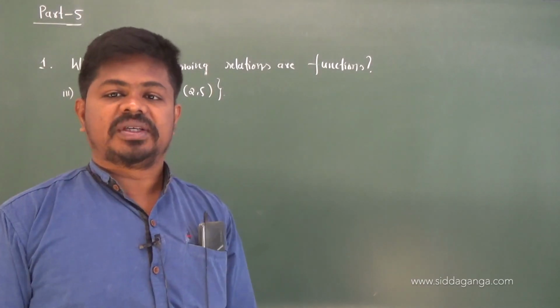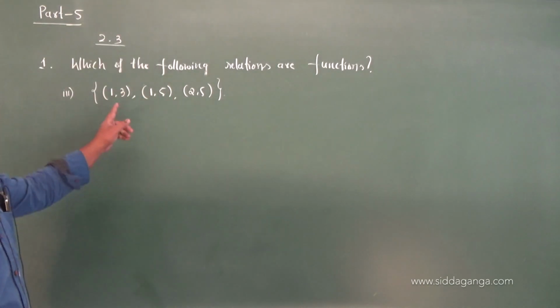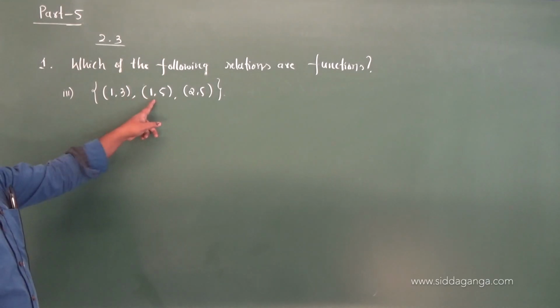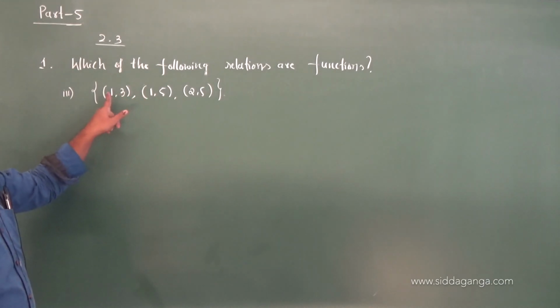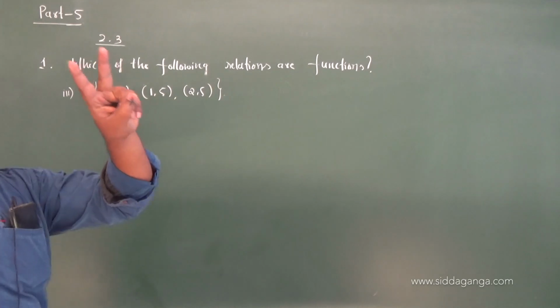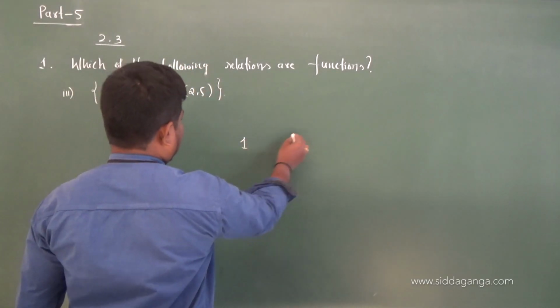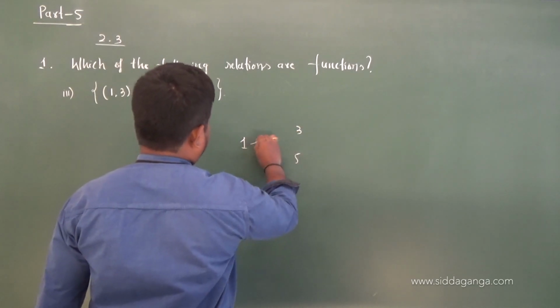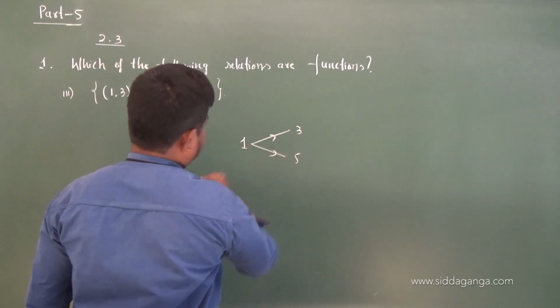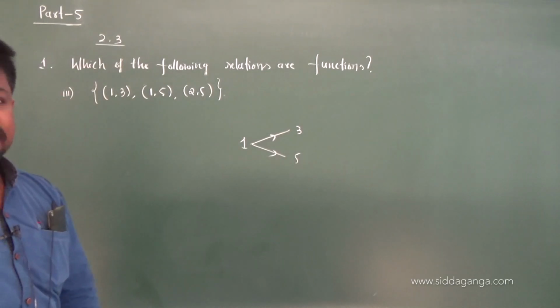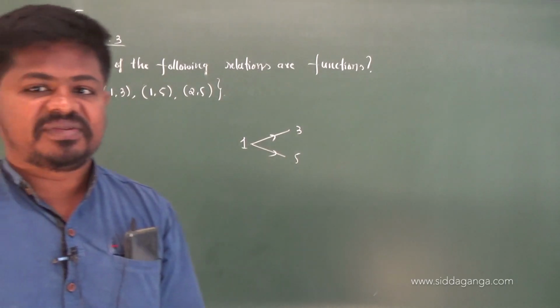Yes, this is not a function because two different ordered pairs have the same first element 1. You mean 1 has two images, 3 and 5. So in this case, this relation is not a function.